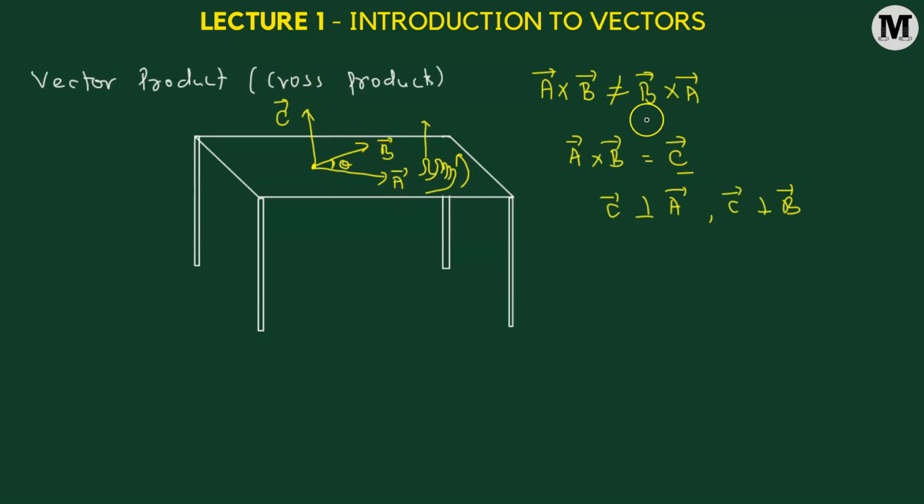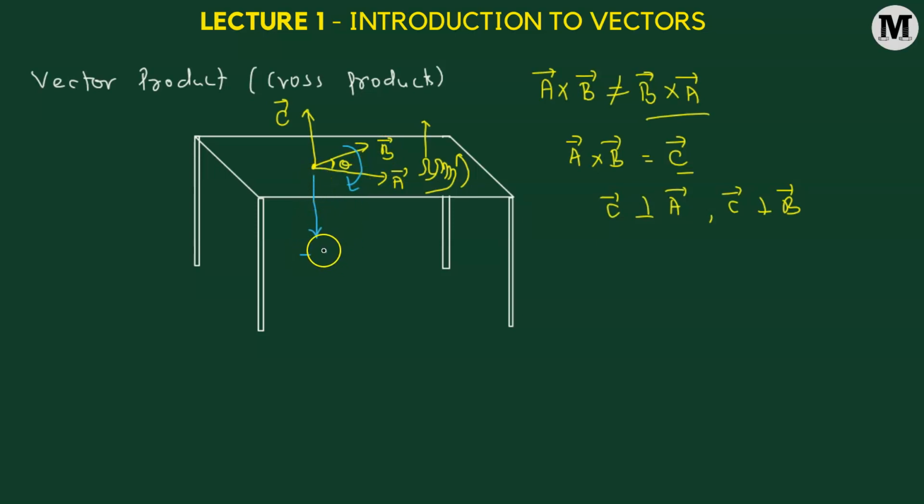Now, let's understand why B vector cross A vector is not equal to A cross B. Now this time we're coming from B vector to A vector. Once we come from B vector to A vector, we have to be very careful. This time our four fingers are going to start from B and curl towards A, and we will see that our thumb is going to point downwards.